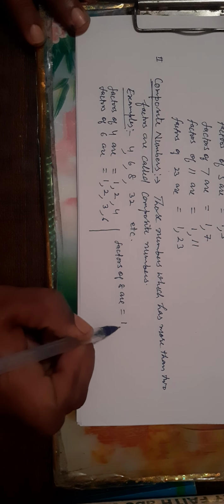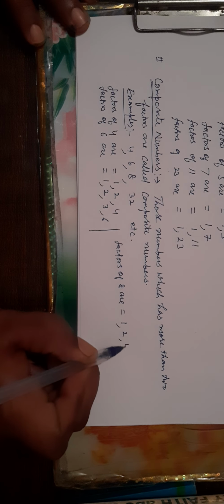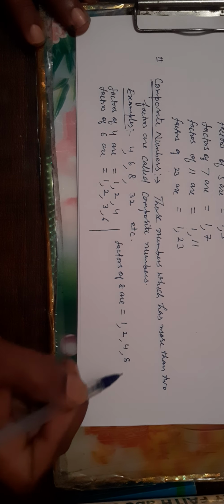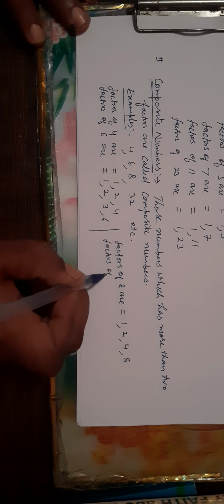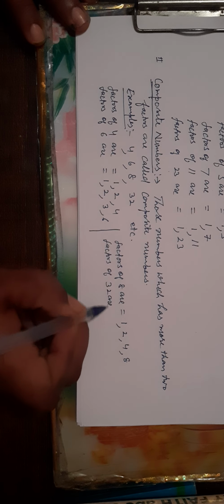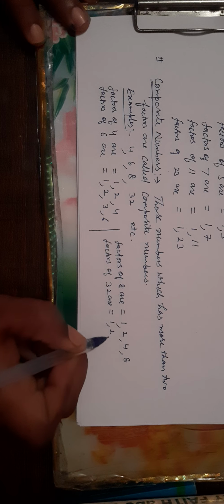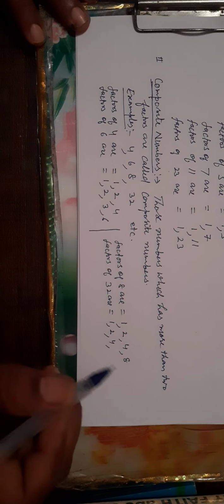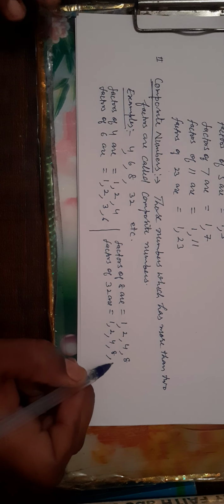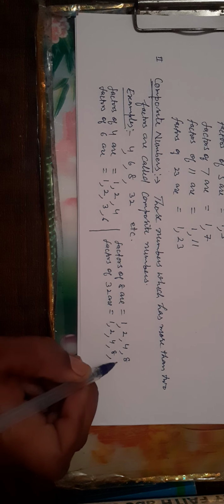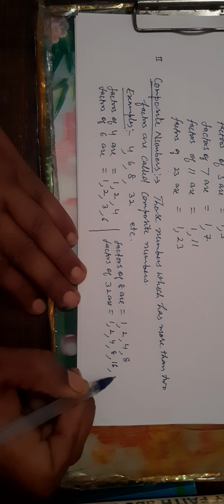Similarly, factors of 8 are: 8 is divisible by 1, 2, 4, and 8. So more than 2 factors. Similarly, factors of 32 are: 32 is divisible by 1, 2, 4, 8, 16, and 32.